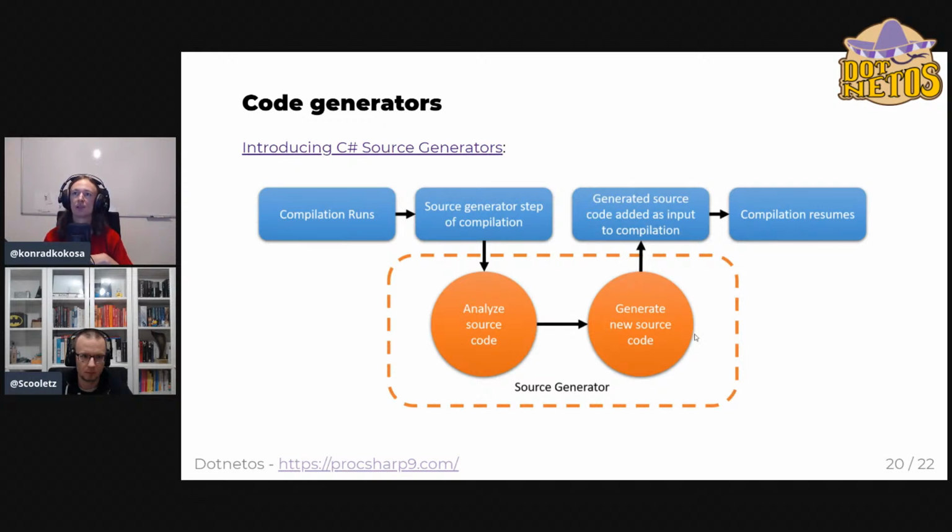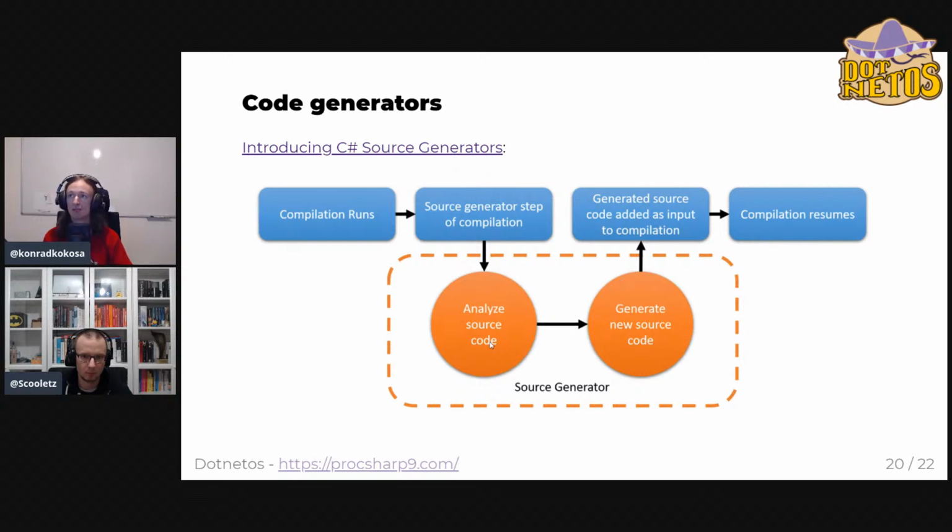So having a source generator, the pipeline looks like that. You have the compiler running. If you are writing a source generator, you can write a part that will analyze the source code that is incoming to this source generator, and generate a new source based on that.